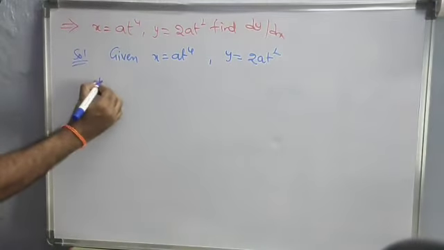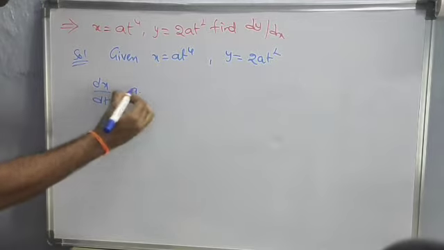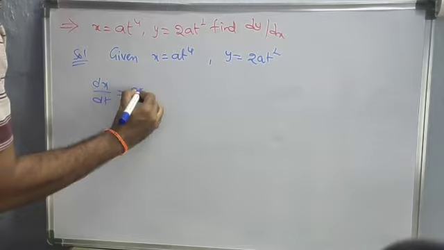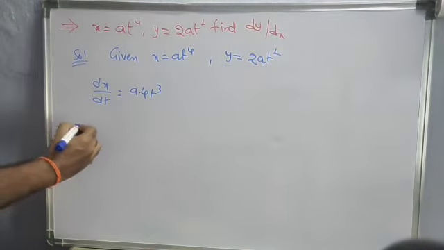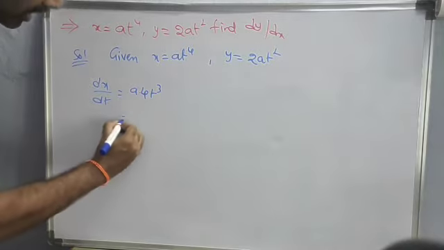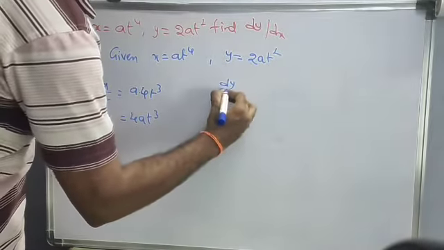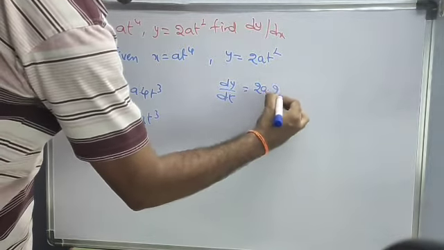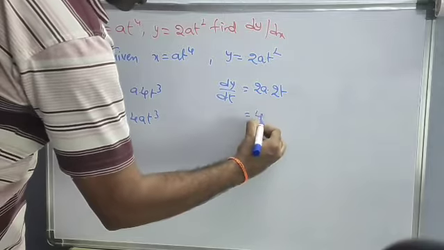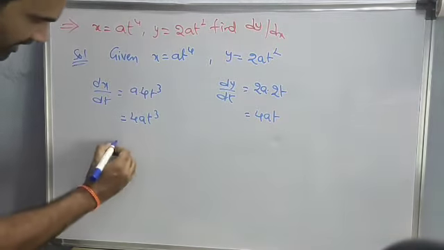I am taking dx by dt: a is a constant, and the differentiation of t power 4 is 4 t cube. So our answer is 4a t cube. Here dy by dt equals 2a is a constant and the derivative of t square is 2t, so total 4at. That is the dx by dt value and the dy by dt value.